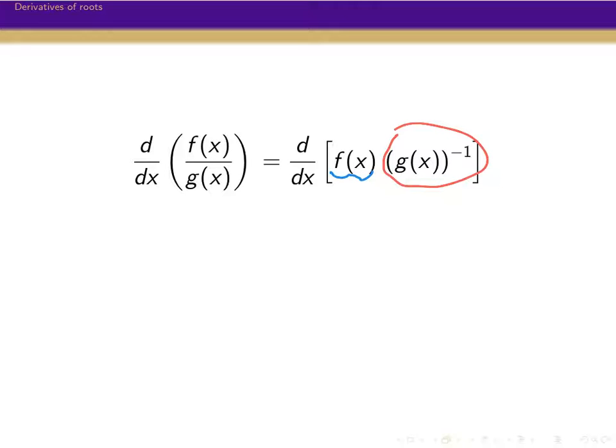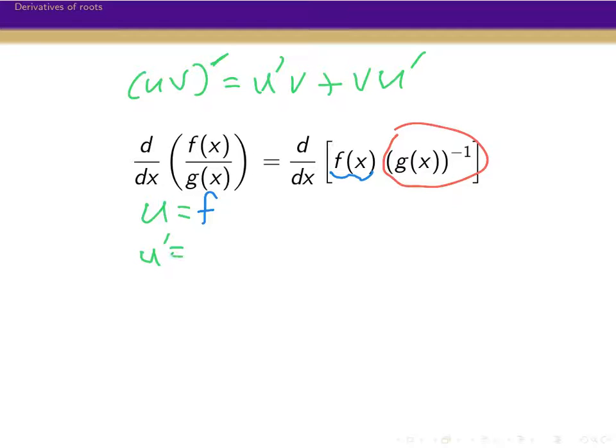Right, so for the product rule, we've already got f and g going here, so I'm going to use u and v. The product rule says the derivative of u times v is u prime v plus v prime u. Okay, so u here is f, so u prime is f prime.